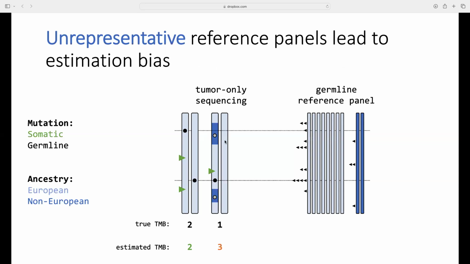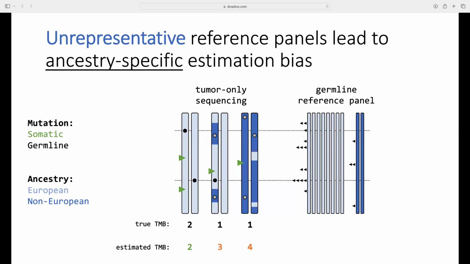When we evaluate individuals with non-European ancestry, it works reasonably well. It's able to spot this common germline variant. But where they have germline variants on an ancestry segment that is underrepresented in the panel, that variant gets miscalled, and so they get an inflated estimate of their tumor mutational burden.